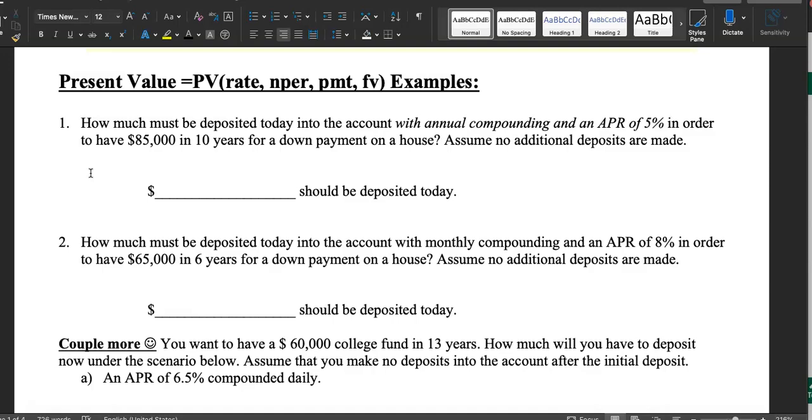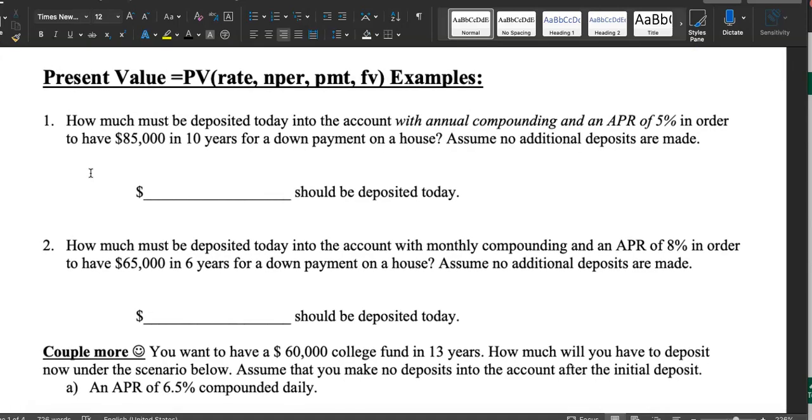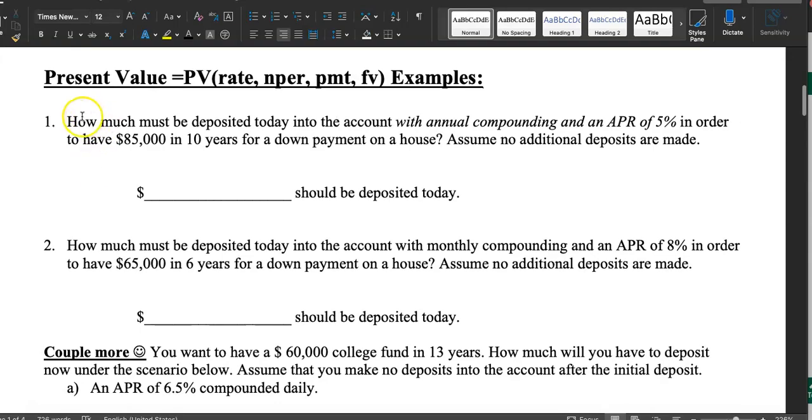Okay. All right, the first two are pretty straightforward. Let's go ahead and look at number 1 and 2 together. How much must be deposited today? I'm highlighting that. Why? Because that highlighted part is telling me that I must use the present value function. How much money should be deposited today? That's present day, right?